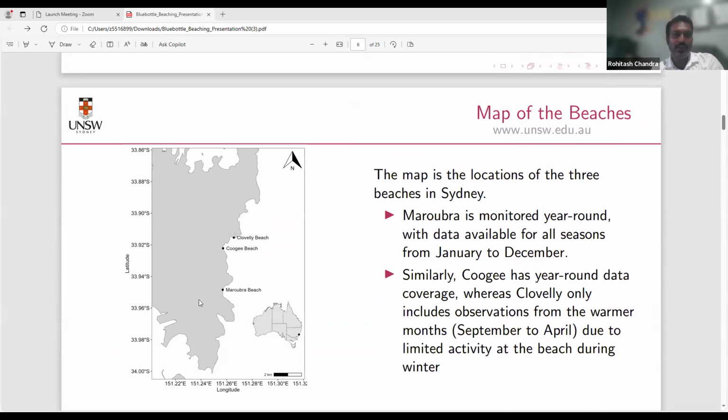But here we are looking at beaches which are within 10 kilometers of each other. So that's the thing to note. You've got a valid point, but you may end up finding no correlation for that reason, because they are too close.